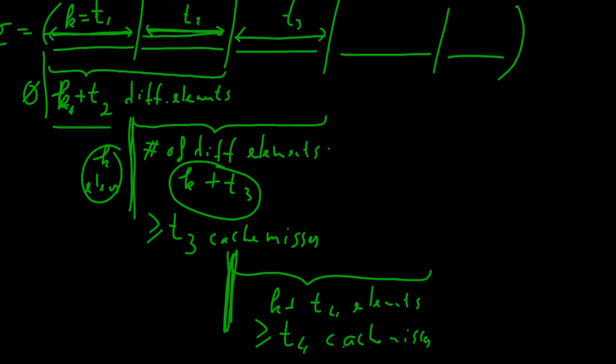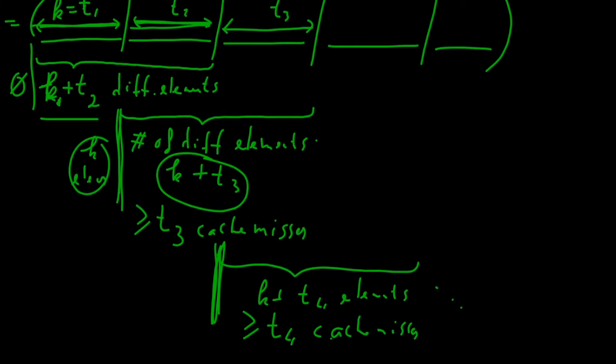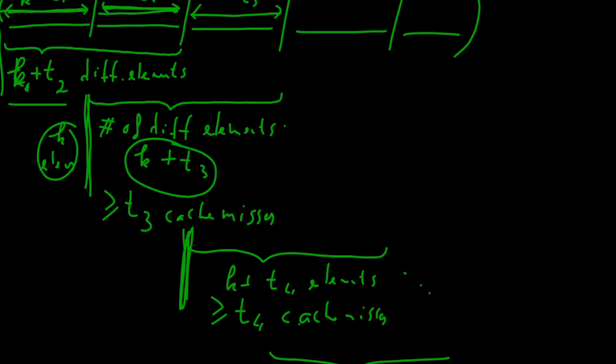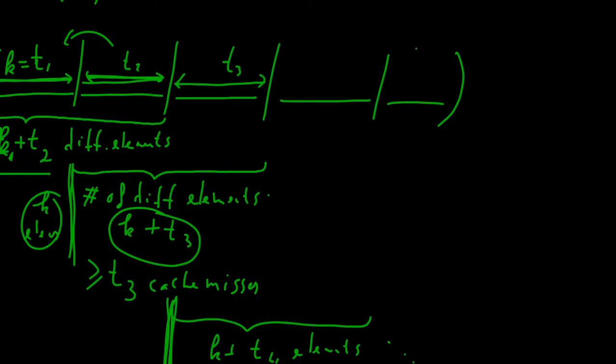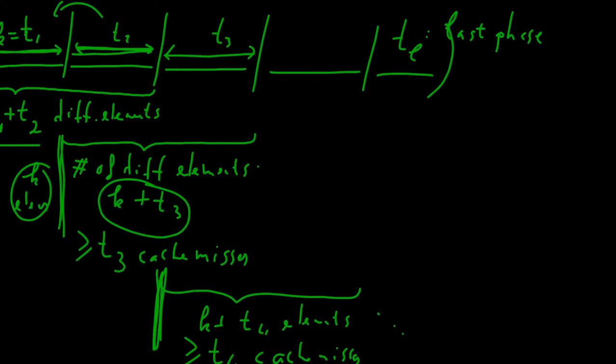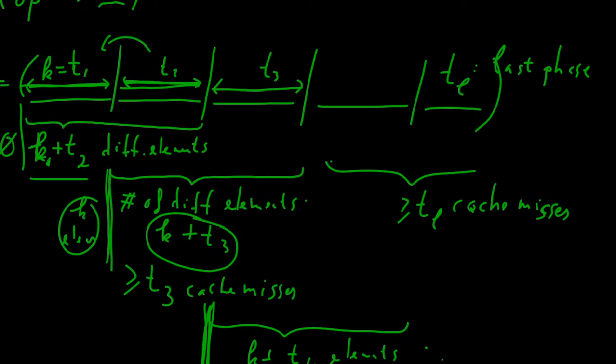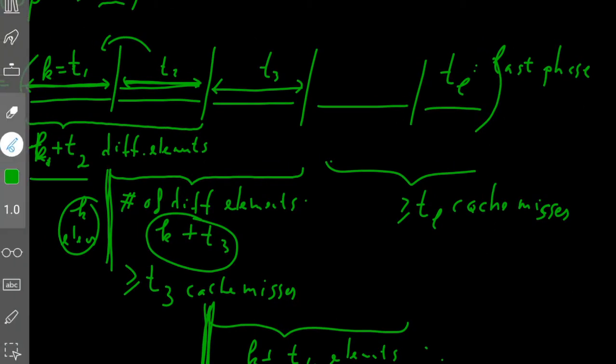And for the last two phases, let's call it L for last phase, they will also induce at least TL cache misses. No matter which algorithm we use, the optimum will cost at least TL on these two phases in total.